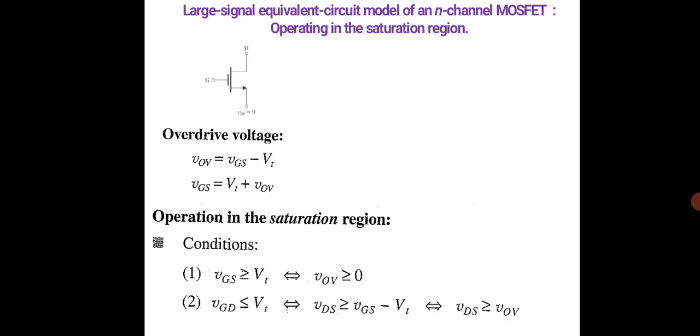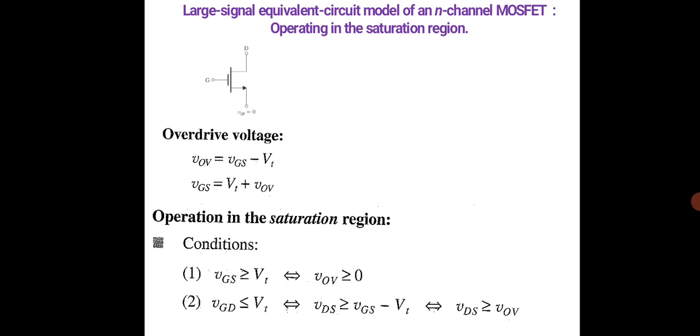And here, operation in the saturation region. When I operate in the saturation region, I should consider two conditions. One is VGS should be greater than or equal to VT, and similarly VOV should be greater than or equal to 0.